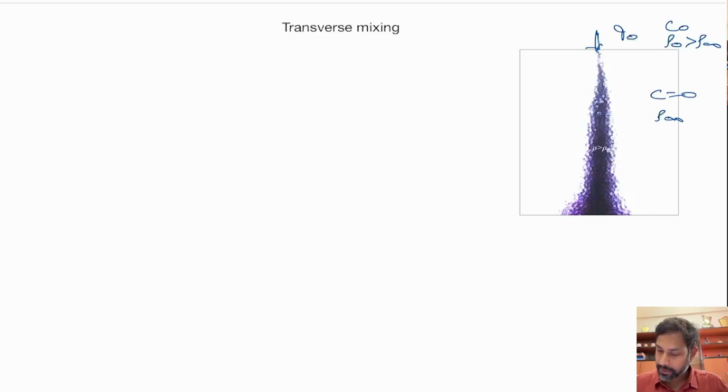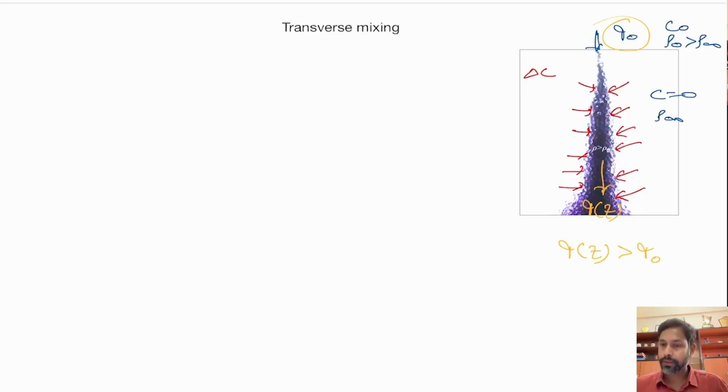So what happens is there is a concentration difference between the plume and the ambient. So there is a delta C that actually results in this dispersion of the ambient fluid into the plume, right? So there is a continuous mixing between the plume and the ambient fluid, and that is why this volume flux that you see, which started with this Q naught, as you go down, somewhere here, if you define it as q of z, this q of z at any location will be greater than q naught, right?